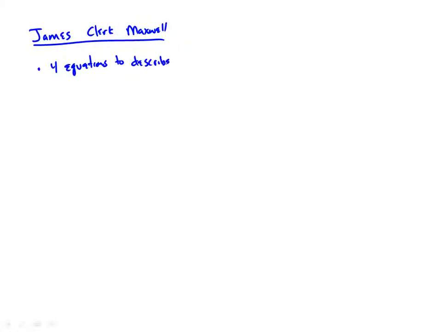The other person that we want to mention at least is James Clerk Maxwell. Basically what he came up with is 4 equations to describe electricity, magnetism, and optics, or basically we can think about it as light, in terms of waves.